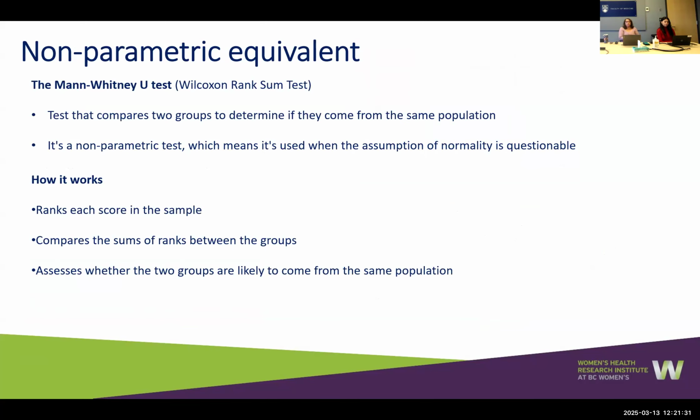So now we're going to go to the non-parametric equivalents for those two tests, for paired and unpaired. My lecture will be mostly concentrated on non-parametric tests because they are less intuitive. There's also an ongoing conversation in the statistical community about what a non-parametric test is actually comparing.